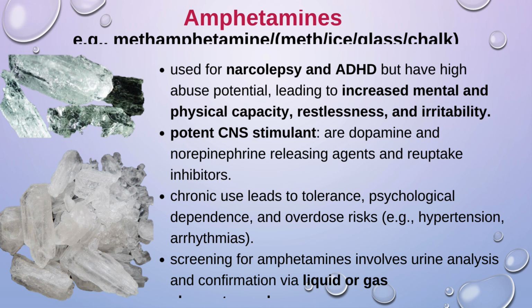Once it's abused, it will result in mental and physical effects, restlessness, and irritability, knowing that amphetamines are potent CNS stimulants. They are dopamine and norepinephrine releasing agents and reuptake inhibitors. Chronic use results in tolerance, psychological dependence, and overdose.